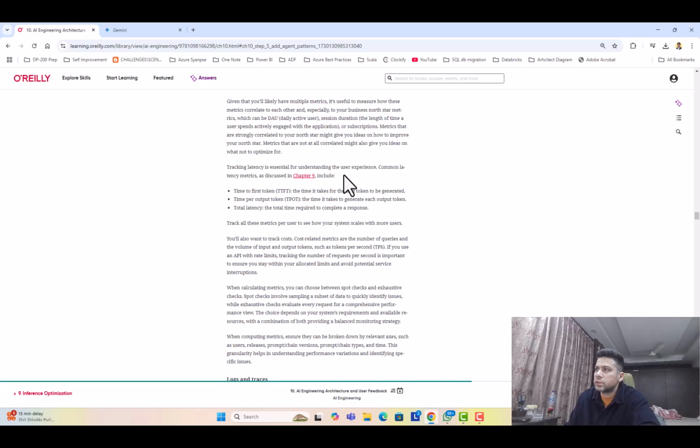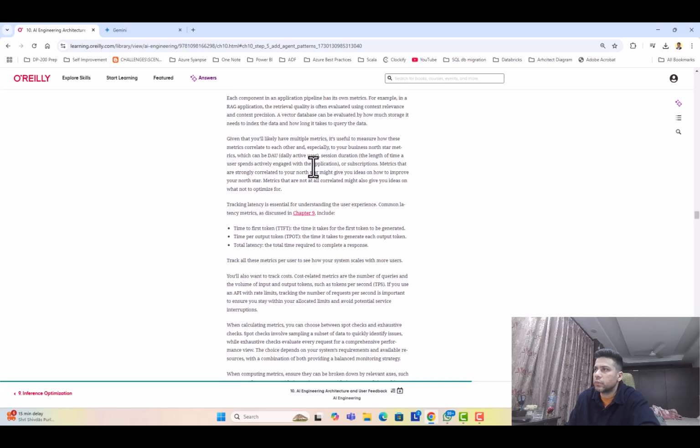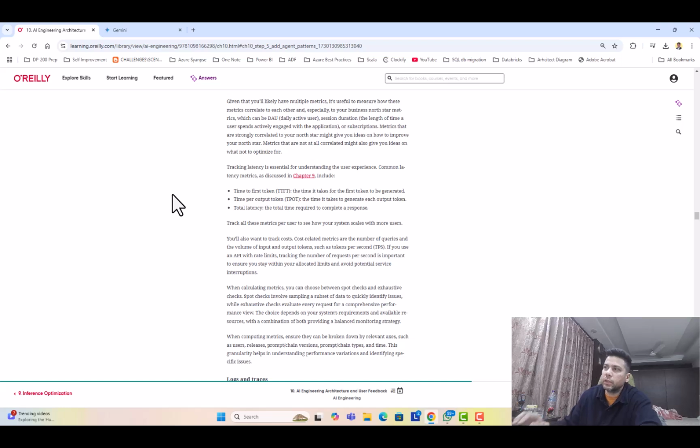Tracking latency is essential for understanding the user experience. So now we are talking about latencies. And just to finish what we were discussing about this particular paragraph, whatever metrics you need for arriving at your so-called North Star metrics, maybe you can just concentrate on that, and there could be some other metrics which you do not have to pay attention to at all. So those you can maybe park for now, and you can take it up later on.